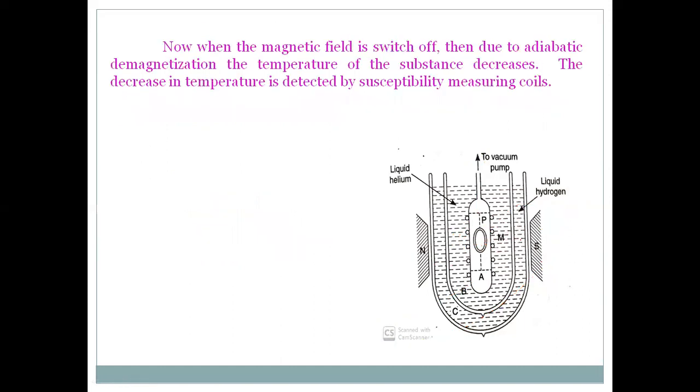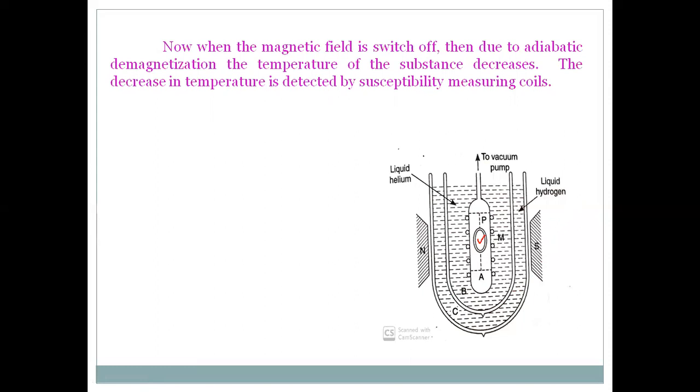Now, if this magnetic field is removed, what happens? The molecules inside the paramagnetic material try to go into the disorderly manner. When these molecules try to get into the disorderly manner, it requires some energy.